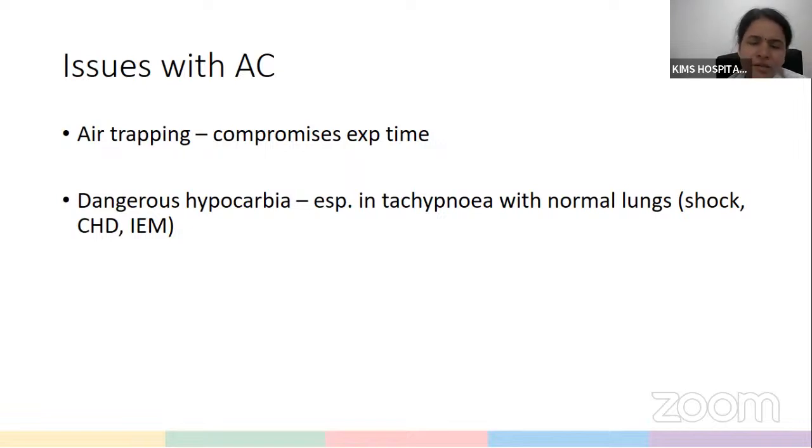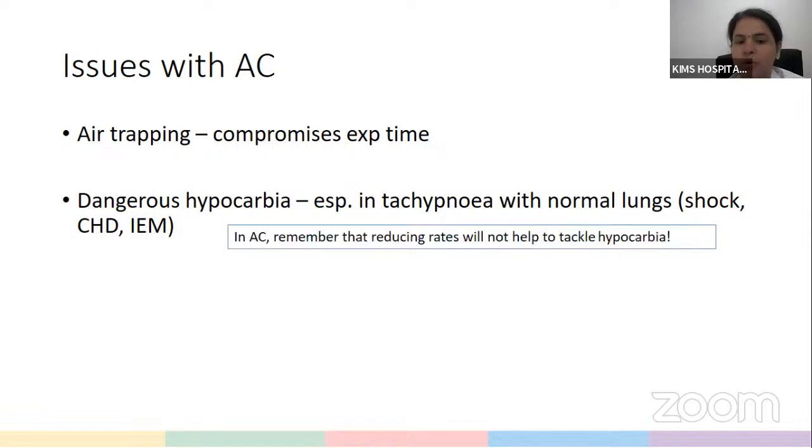When you start using assist control mode of ventilation, every breath of the baby is going to be supported by the ventilator, and hence the respiratory rate times the tidal volume is going to be quite high. The minute ventilation is going to go up, and in a baby with normal lungs, this can lead to significant hypocarbia.